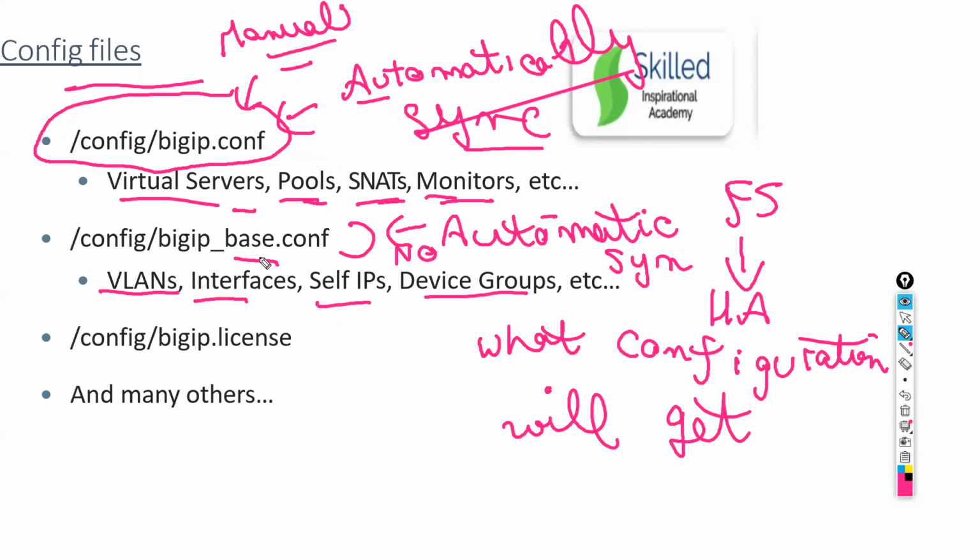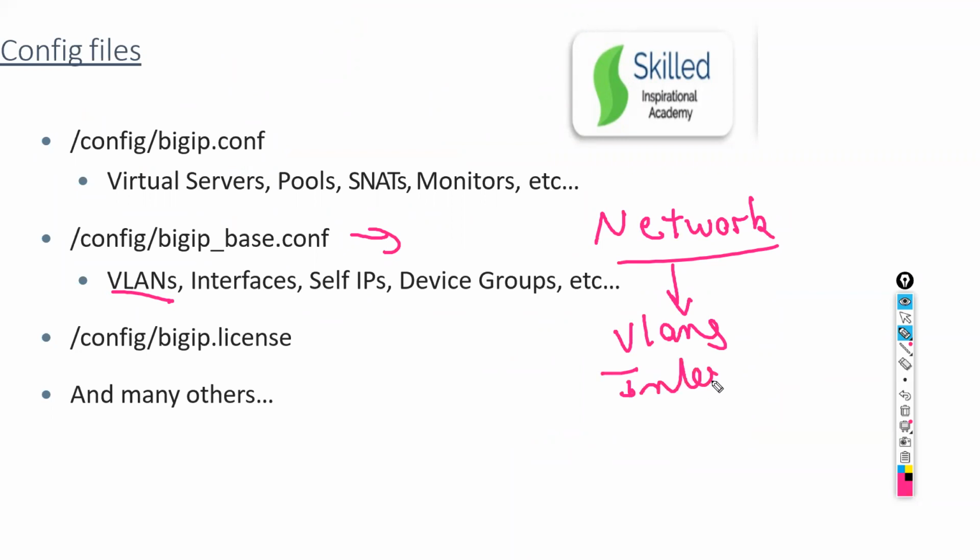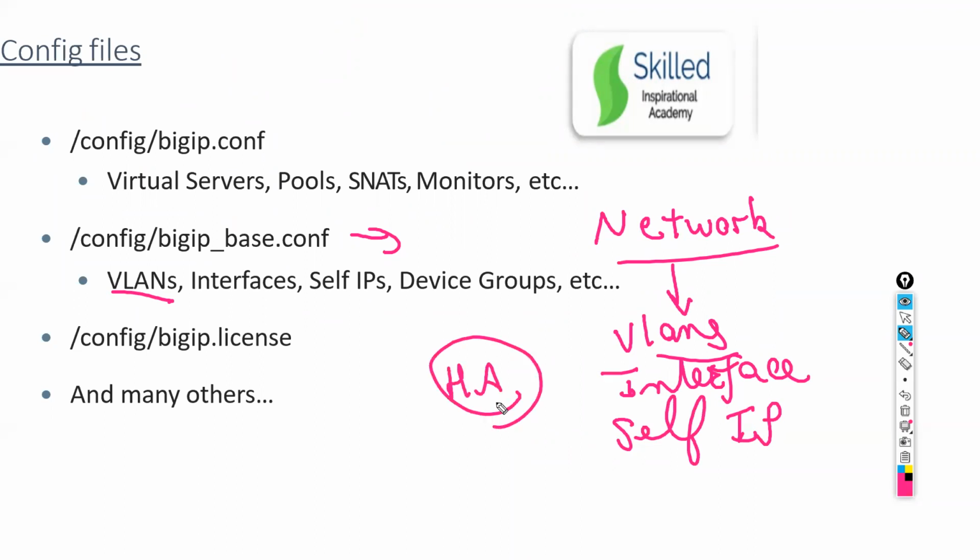But whatever is present in the base config, such as your VLANs, everything in the network tab under Local Traffic, you will find VLANs, interfaces, self IPs, and some settings related to HA. This will not get automatically synced.